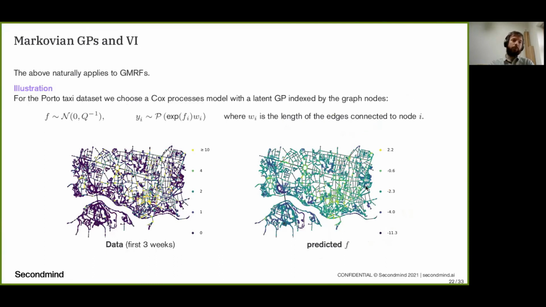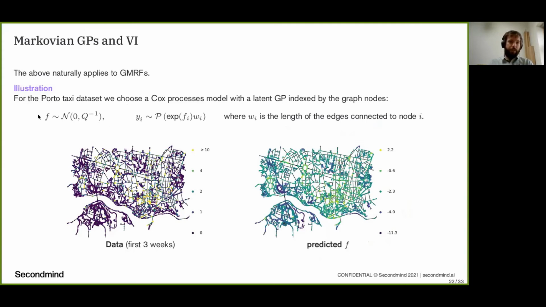What I've presented above can also be applied to Gaussian Markov random fields, if your inputs are distributed on a graph. Here's an illustration for the Porto taxi dataset, which is a Cox process model with latent GPs indexed by the graph nodes.